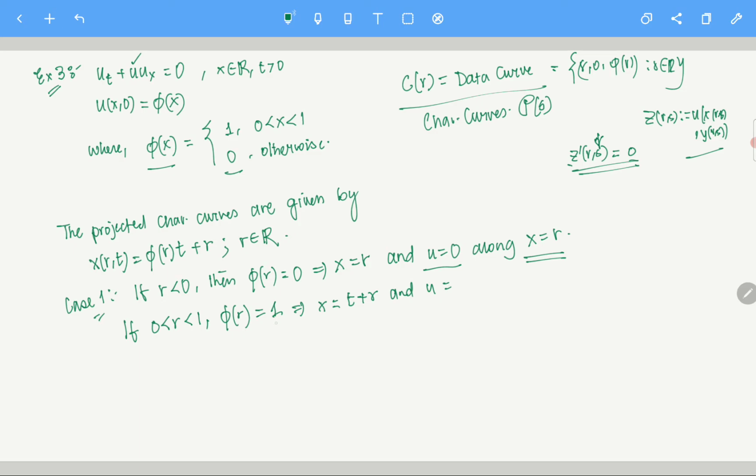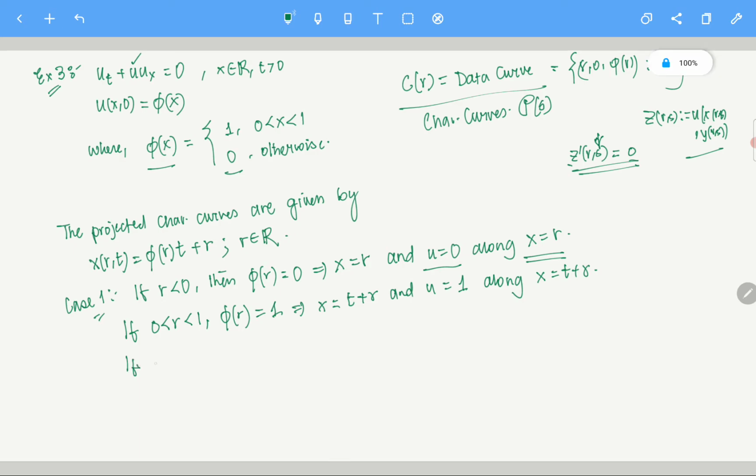At s equals 0, u is phi, so z is phi, basically z is u, so hence u is going to be 1 along these curves, along x equals t plus R. This is fine. u is constant. Remember, what it does at s equals 0 goes forward along the characteristics. At s equals 0, phi of R is 1, so z is 1, so u is 1. Clear?